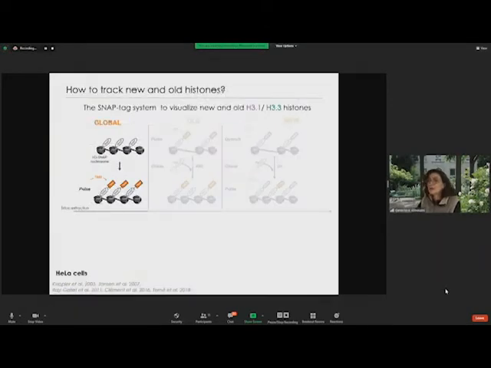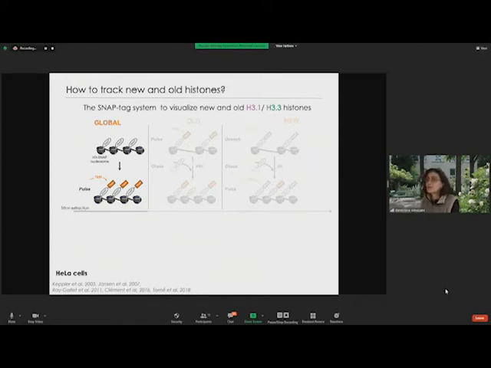But now one aspect is how can you track new and old histones in vivo? And so here I would like to illustrate for you a tool that we've been using quite a lot and that has a lot of potential. It's the SnapTag system. So basically, the SnapTag is an enzyme moiety that has been modified to be able to make a covalent link with benzyl guanine derivatives.